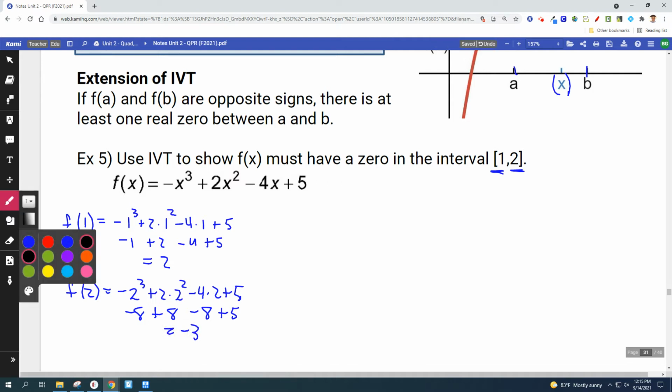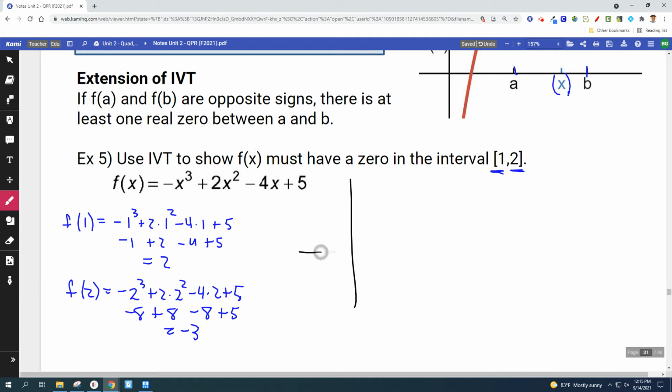So think about what the graph of this says. If you plug in 1, you're going to get 2.